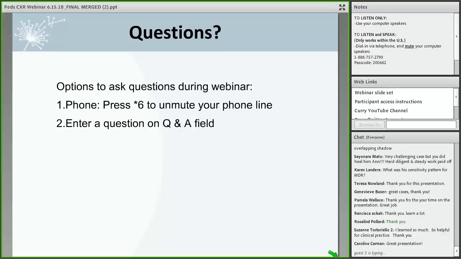Usually that's INH, but if for some reason you know that the source case is INH resistant, we would consider rifampin. And so then we would only repeat a chest radiograph at all if the child developed symptoms. If he was asymptomatic, I would not repeat a chest radiograph at any time.